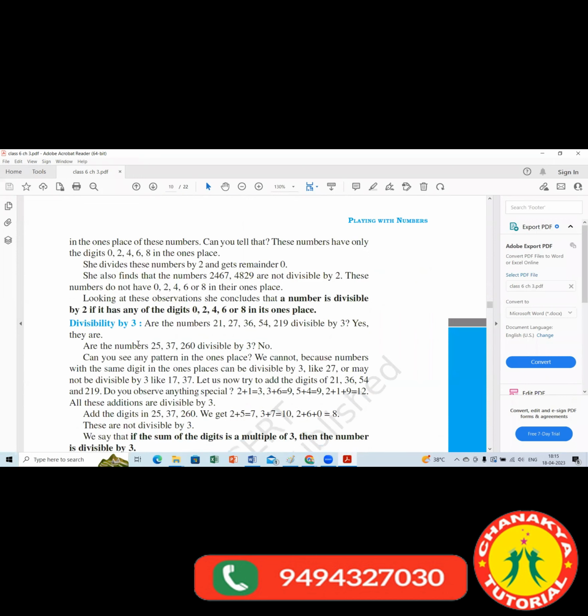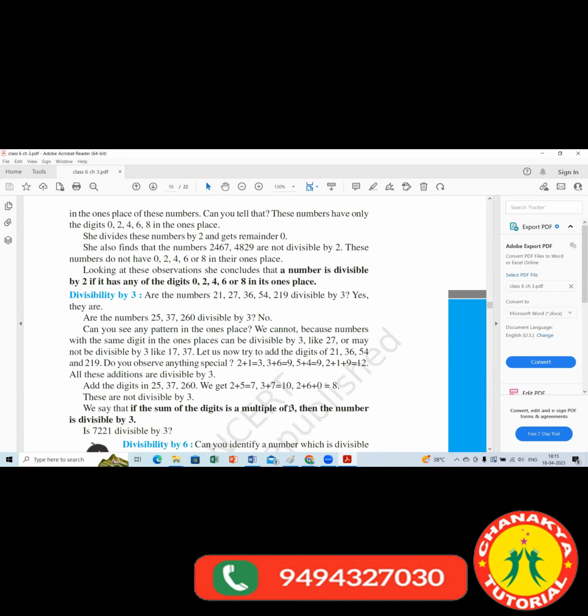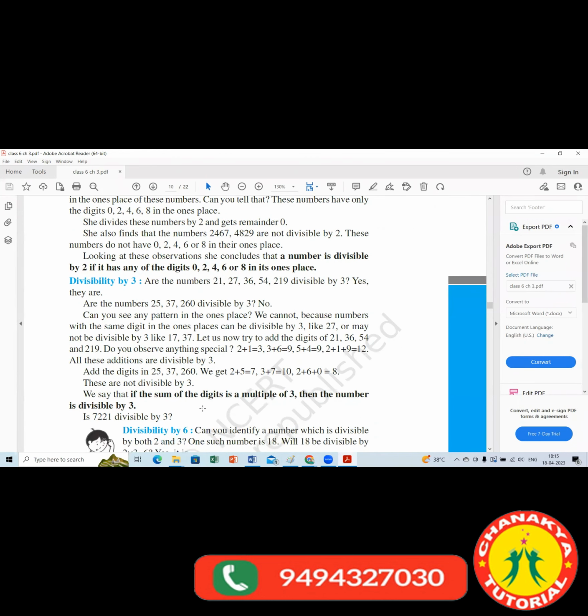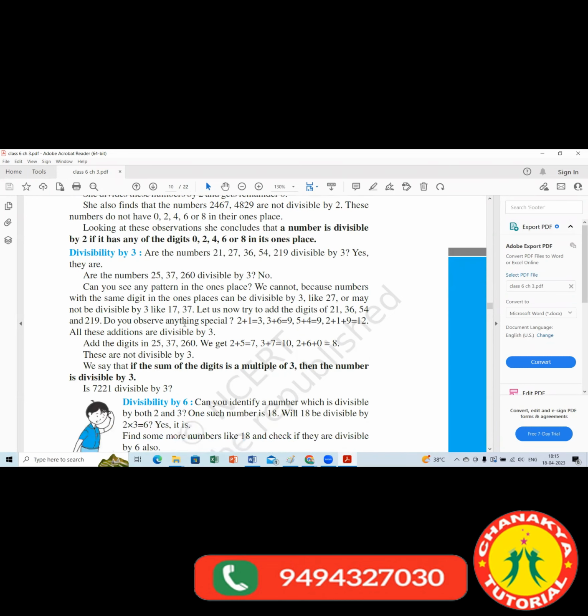For the 3 rule, Sri Tej already said we have to sum up all the digits. So you can see the question is also there. Sum up all the digits. What is the divisibility rule of 6?